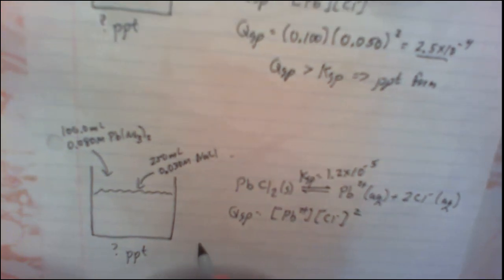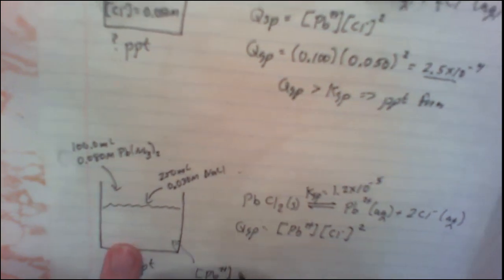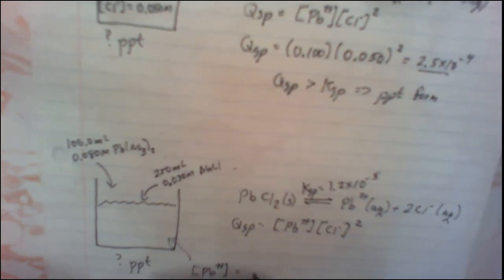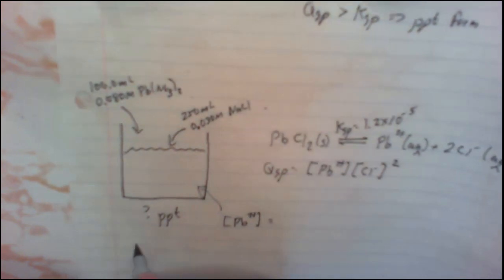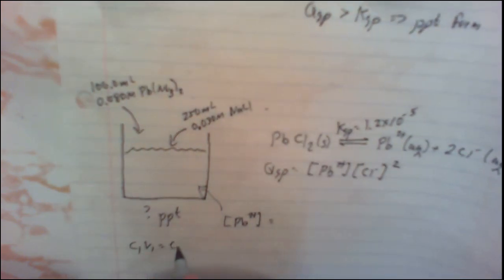And so for the lead, the concentration of lead in my solution is going to be equal to the product of the concentration, the volume, and the concentration. So this is essentially the dilution equation, because like your C1V1 equals C2V2, and we're calculating C2, the concentration of the substance after the mixing has occurred.